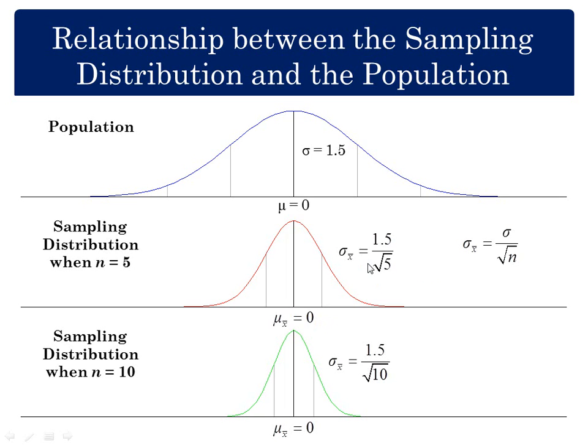I should have calculated it out for you. 1.5 over the square root of 5. If I go out 2 standard errors, or 2 standard deviations, then I'm going to encompass 95% of all possible sample means that I could get from that population if I'm taking samples of size 5.